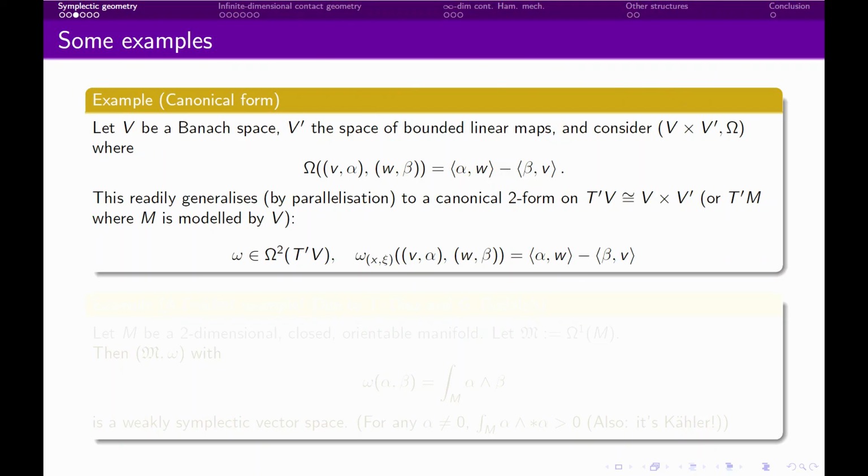And if we make this parallel on our vector space V by V prime, then we get a two-form. Any questions? Okay, cool.